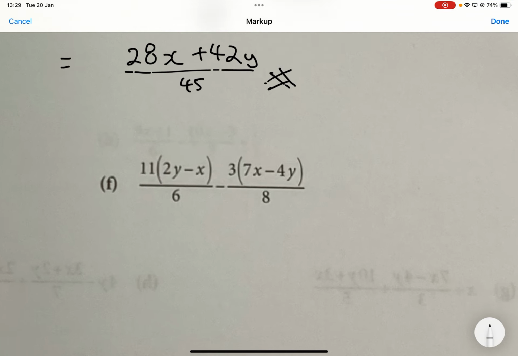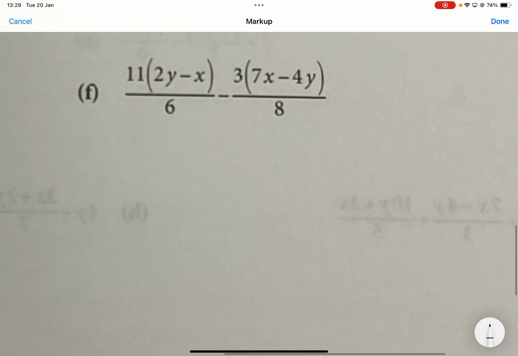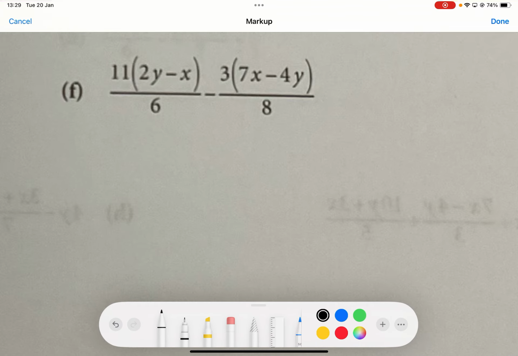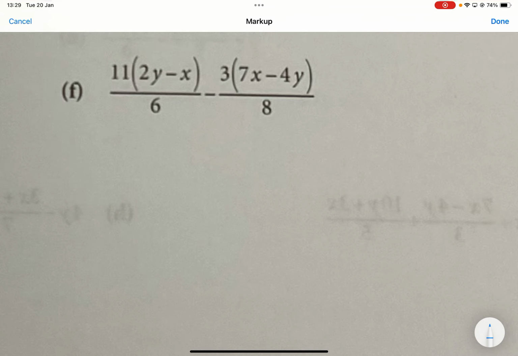One more, last one. F. The plus 2 easy already lah. And exam won't come out plus 1, sure come out minus 1. Okay? 6 and 8. Think a bit. If you don't think a bit, you may straight away 6 times 8, 8 times 6.